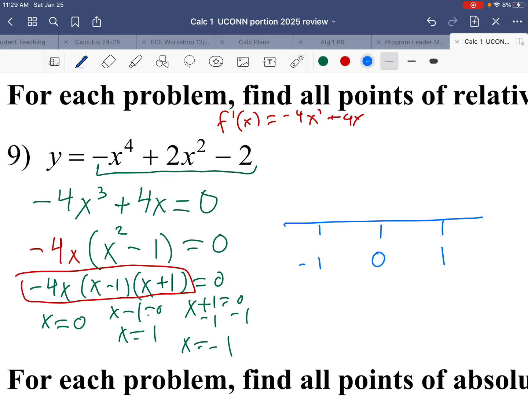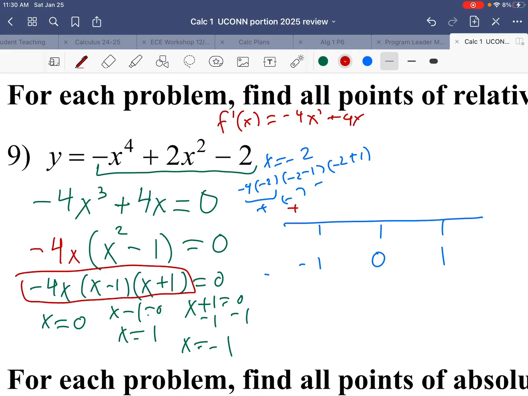If I were to choose a value to the left, less than -1, let's say x equals -2, it would look like -4 times -2, -2 minus 1, -2 plus 1. Negative times a negative is going to be a positive. -2 minus 1 is -3, so it's negative. And then -2 plus 1 is going to be a negative. So before -1 it is going to be positive.